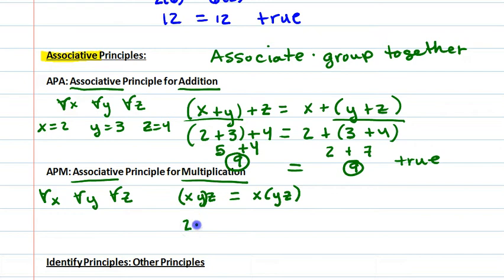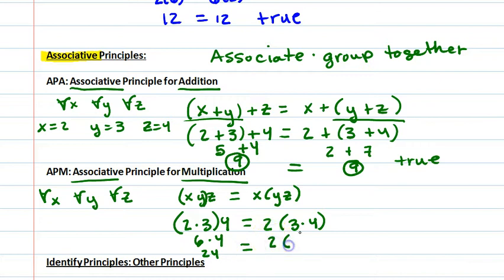So 2 times 3 times 4 should be equal to 2 times the product of 3 times 4. Let's test it out. 2 times 3 is 6, times 4 is 24. That should be equal to 2 times 3 times 4 is 12, or 24. Those are equal, so this would be true. So this is the associative principles for addition and multiplication. I can change how I group my numbers, as long as I've got all addition or all multiplication. This is something that I should be able to do.